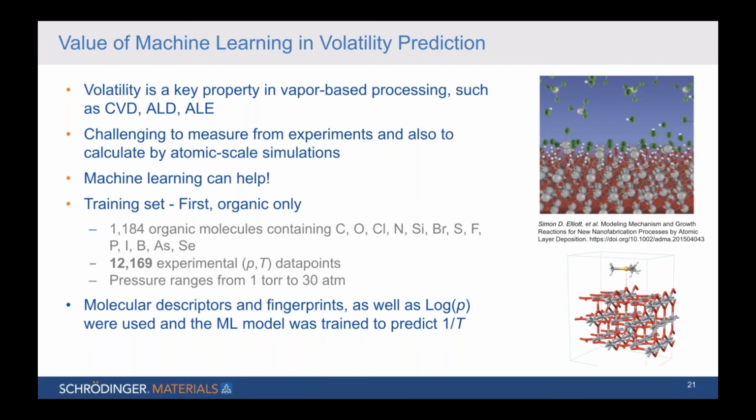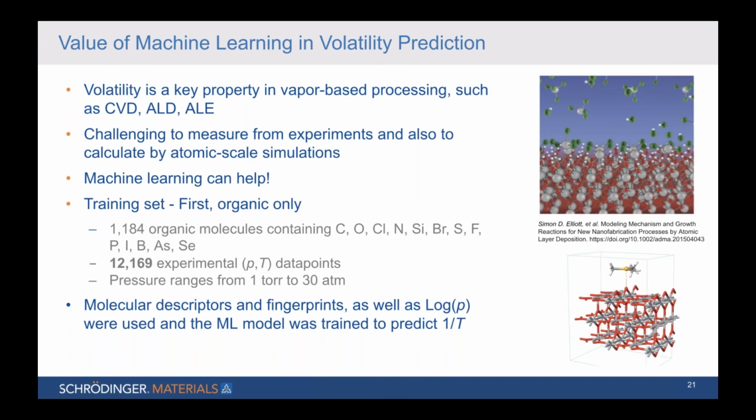So knowledge about the volatility of a diverse set of precursor-like compounds is critical. However, volatility is also hard to measure experimentally and expensive to calculate even with physics-based simulations, because of the complexity of the surface reaction, especially at various process conditions. So this is an ideal case.